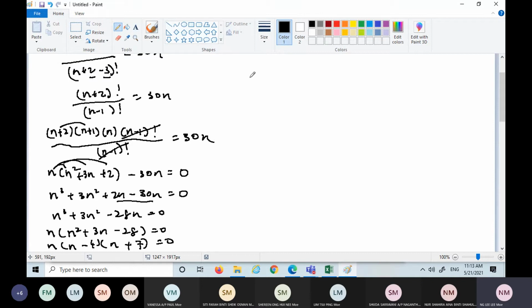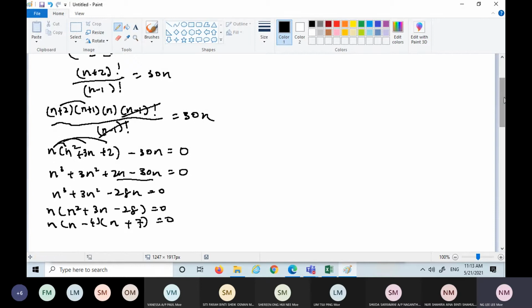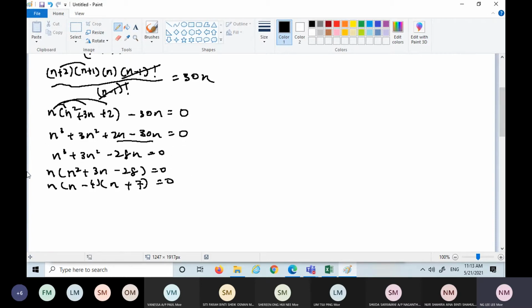Therefore n is 0, 4, and negative 7. Here we don't take negative 7, so you reject it.